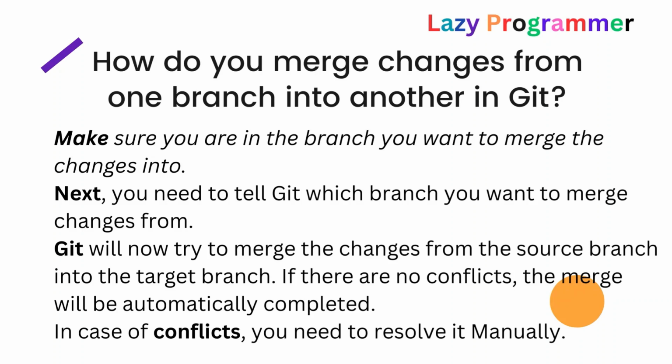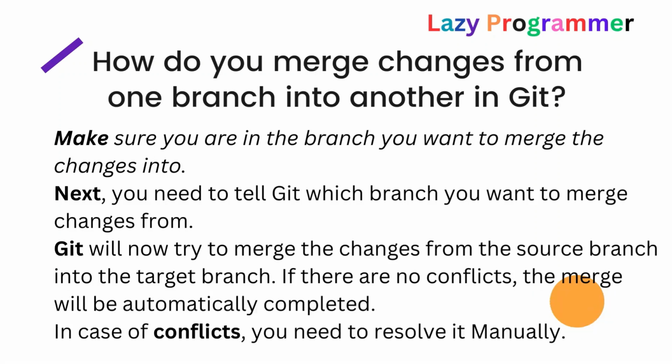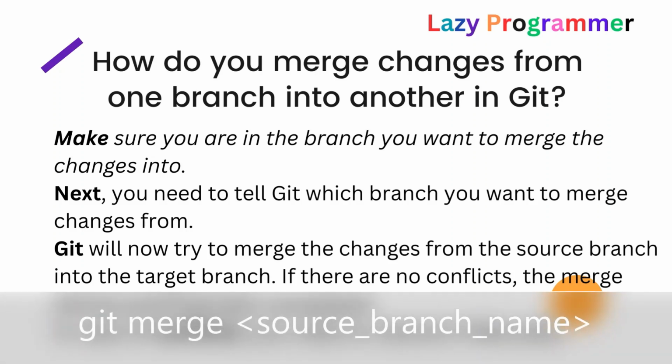You can switch to the branch using the command git checkout and then the branch name. For example, if you want to merge the changes into the main branch, you can use the command git checkout main. After that, you need to tell Git which branch you want to merge the changes from. So now you need to mention the source branch. You can do this using the command git merge and the name of the source branch.